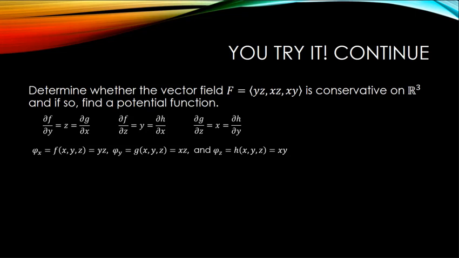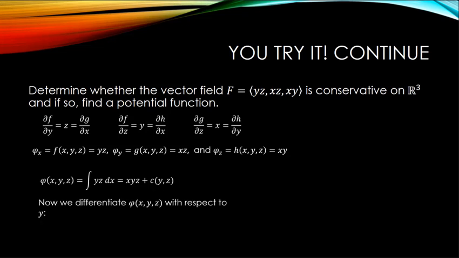I'm going to integrate the first one, the partial of phi with respect to x, with respect to x. And this gives me phi of xyz is equal to the integral of yz dx, which gives me xyz plus an arbitrary constant in terms of y and z only, which I will denote as c of yz.